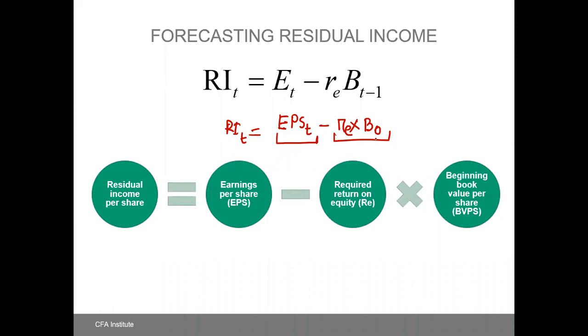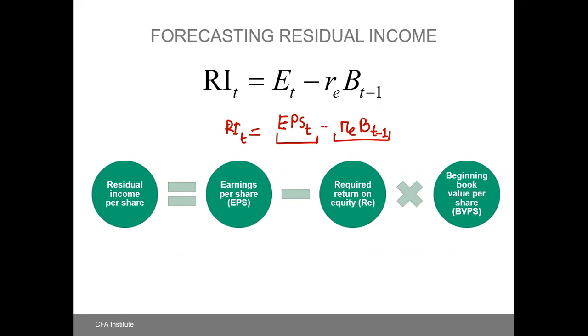Now, do not use the end-of-period book value here, because it should be the beginning value of equity. You are calculating the equity charge in terms of the beginning value of equity in that period.